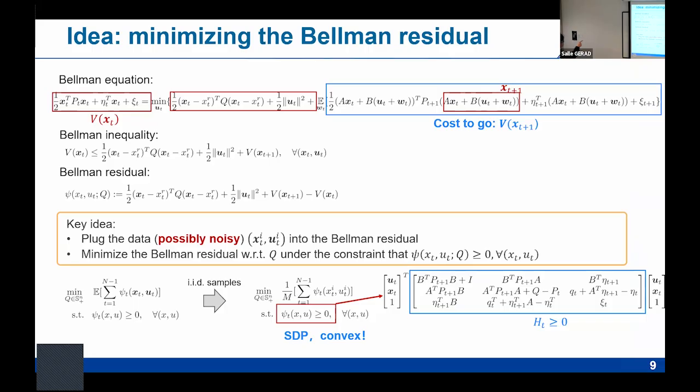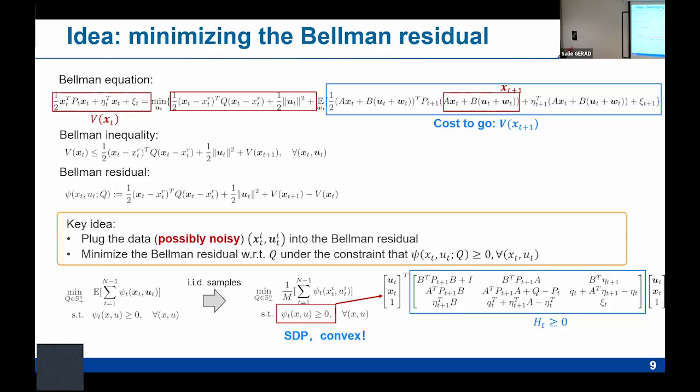On the right-hand side, you have the cost-to-go and the running cost, and on the left-hand side, you have V. Note that you always have a minimum here, so the right-hand side is always larger than the left-hand side. That's the Bellman inequality. It has to hold for every possible x and u, so you can define the so-called Bellman residual, the right minus the left, which is always positive.